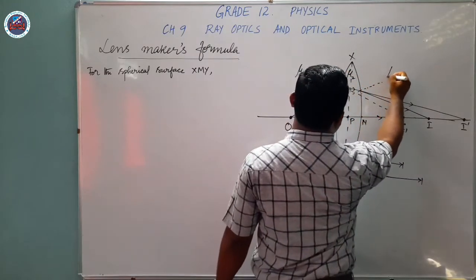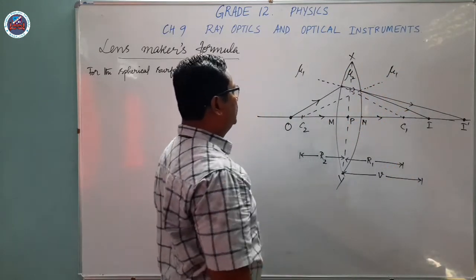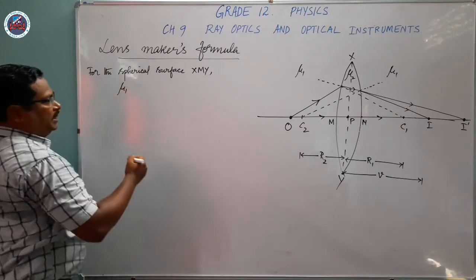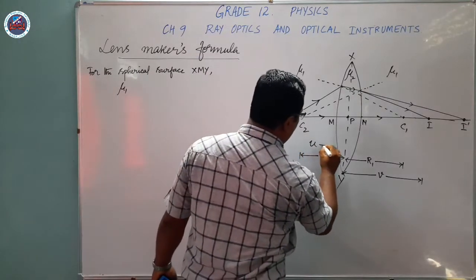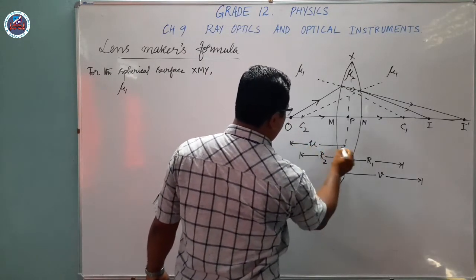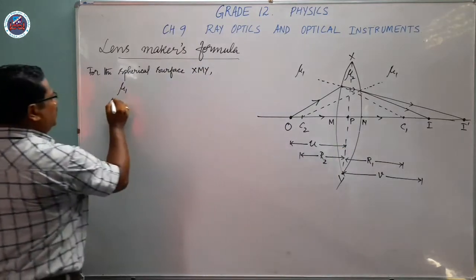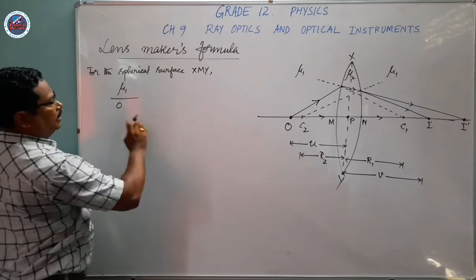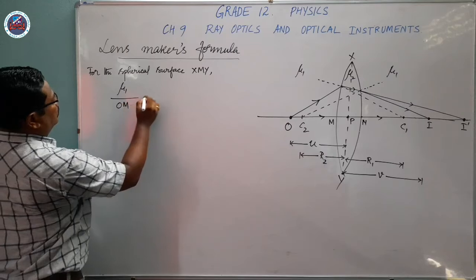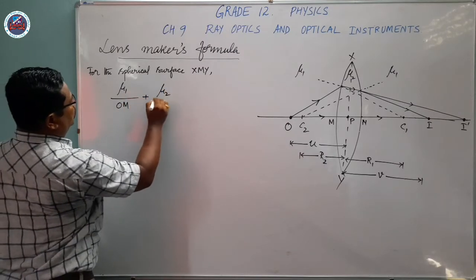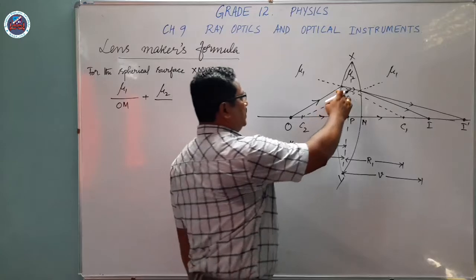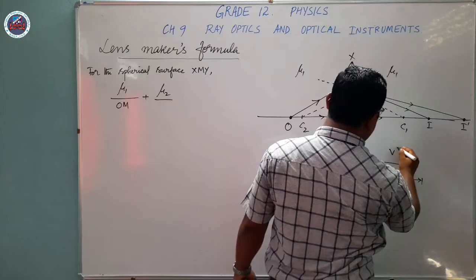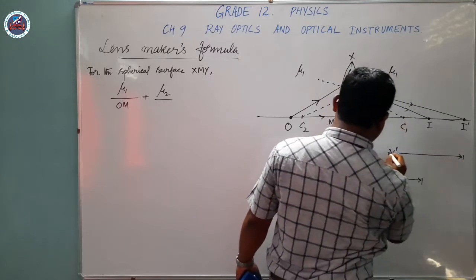And again this is air, so the refractive index will be mu1. Now mu1 divided by object distance. This is your object distance from O to P. Mu1 divided by OP, or for the surface XMY, we'll write OM, plus mu2 divided by image distance. Image distance is from M to I dash. That is your virtual image. We'll take it as V dash.